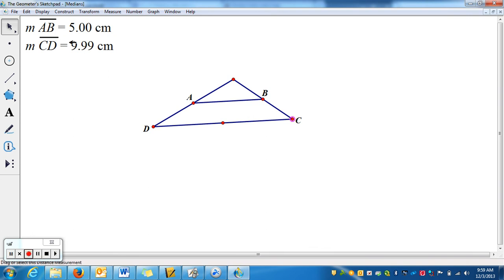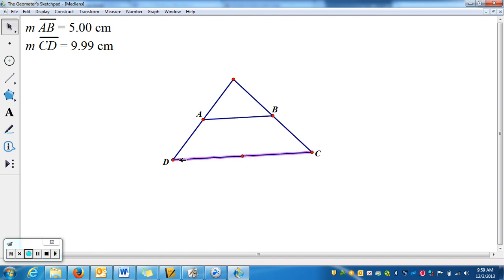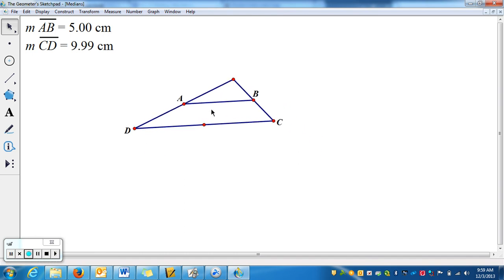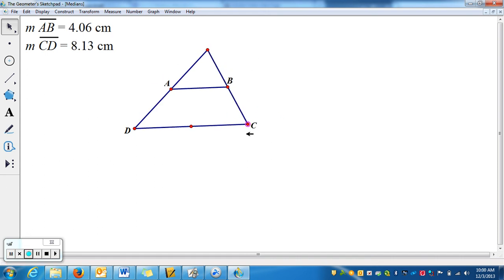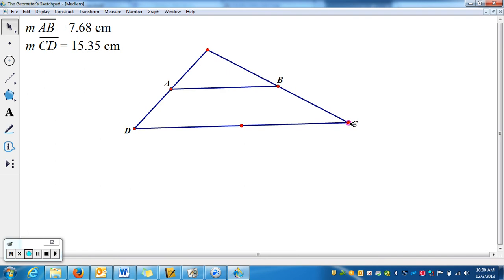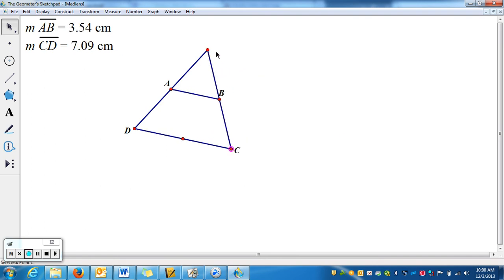As I make my triangle, AB is 5 centimeters, and CD is supposed to be half. We're just a little off, I'm guessing one of my segments isn't quite right. So as I move my triangle, you can see it stays half.